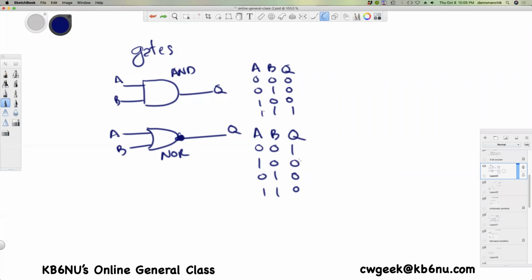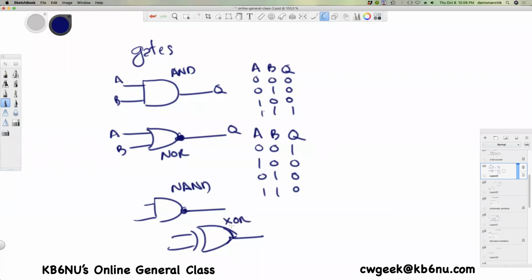So, these aren't the only two types of things. There's NAND gates, like an AND gate with an inverter on it. There's exclusive OR gates. And then there's just plain old inverters, right?